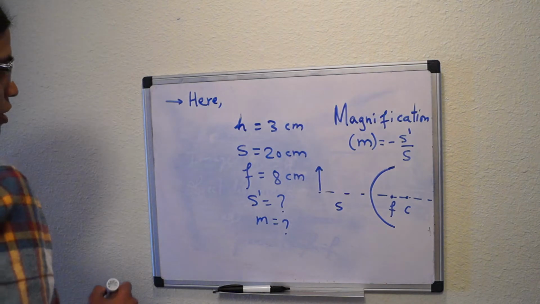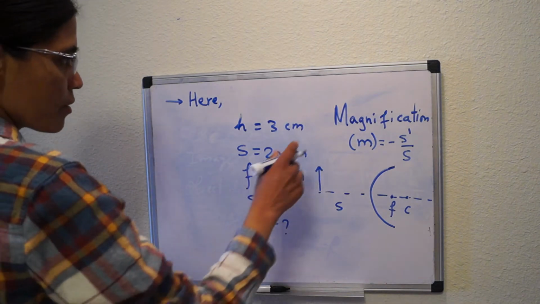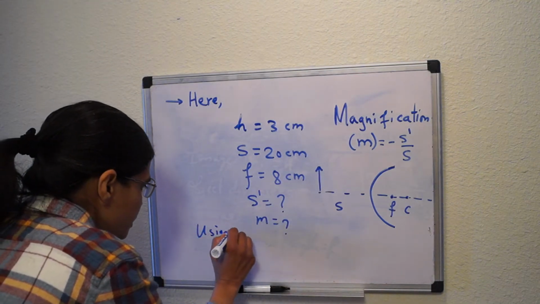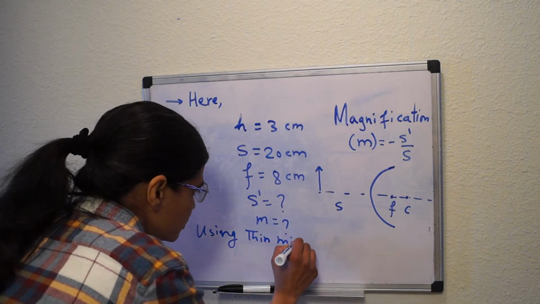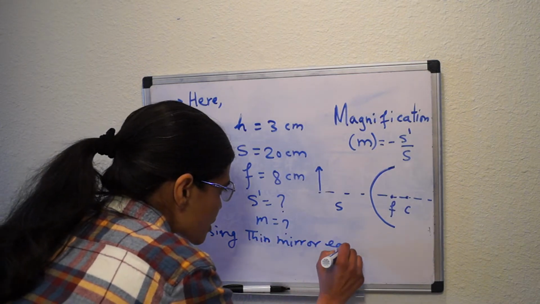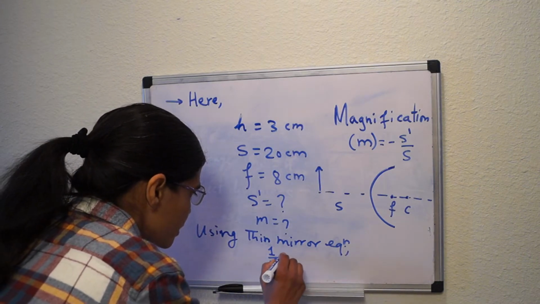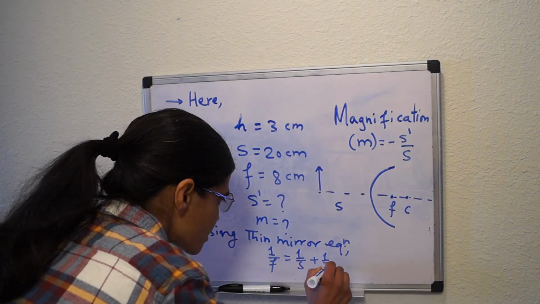So let's see how we can do it. We know we can use the thin mirror equation, right? So using the thin mirror equation, we can write 1 over F equals 1 over S plus 1 over S dash.